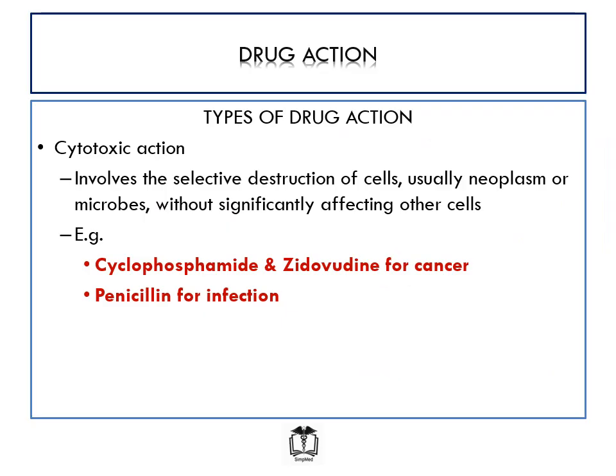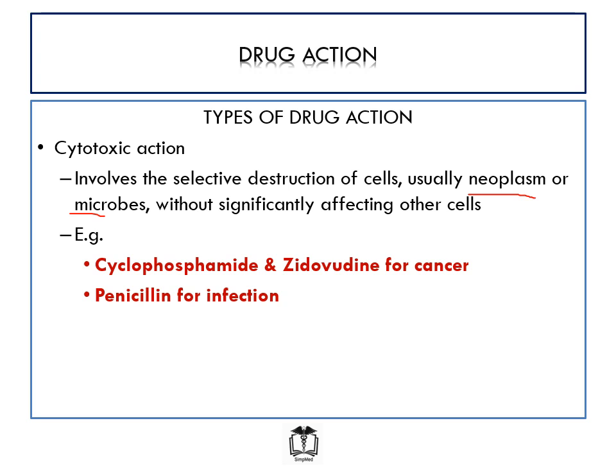Then finally, we have the cytotoxic action. Cytotoxic action involves drugs that selectively destroy cells. Usually, these cells are either neoplastic cells or microbial cells. And the point of destroying these cells is to normalize the functions of the body.